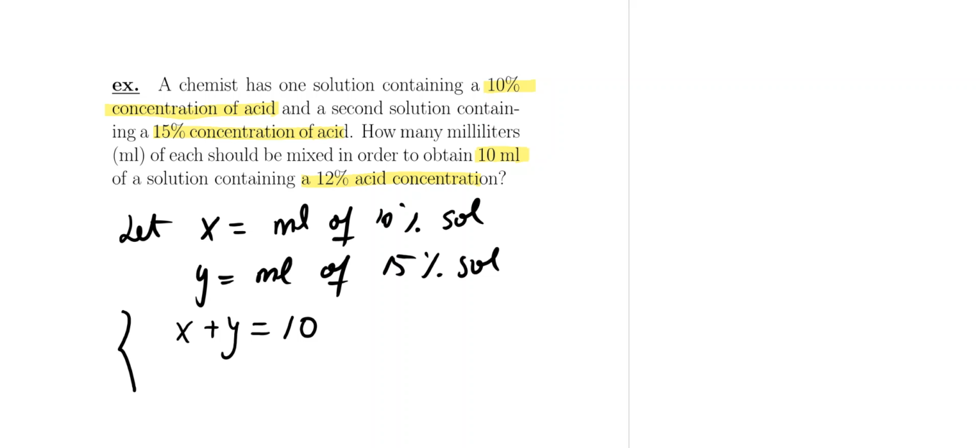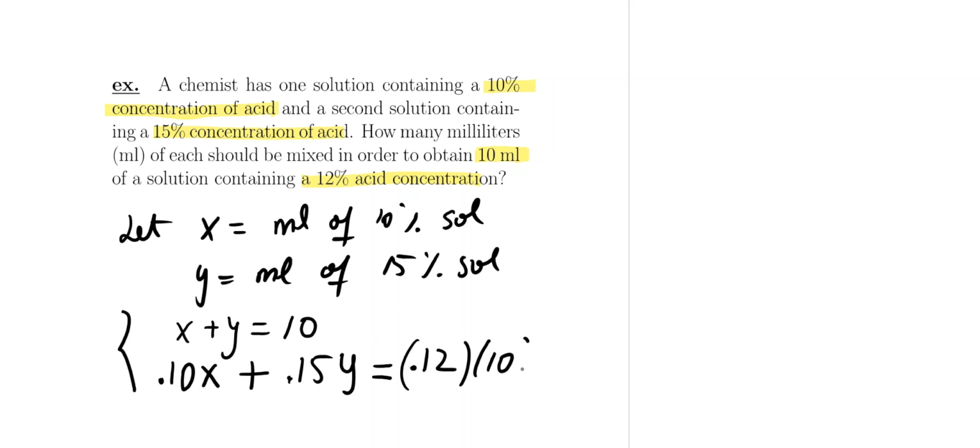Well, it's going to be 0.10 times X. And then together with 0.15 times Y has to equal, we know that the resulting mixture is 12%, so it'll be 0.12 times 10, because I know that I have to have 10 out.